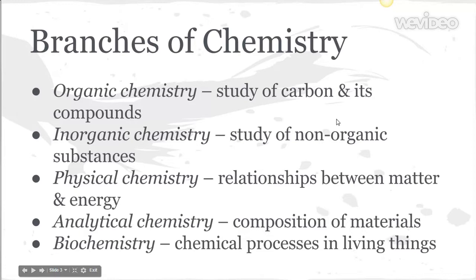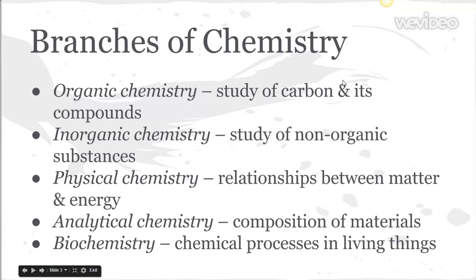We can break up chemistry into many different branches. Chemistry is a very large field, and then there's subfields. Here's just 5 to pose as an example of how chemistry can be broken up. Organic chem, looking mostly at carbon compounds. Inorganic chem, those that are non-organic. Physical chem, looking at how energy and matter are related to each other.